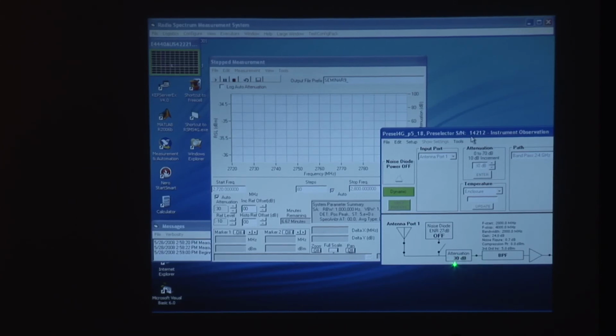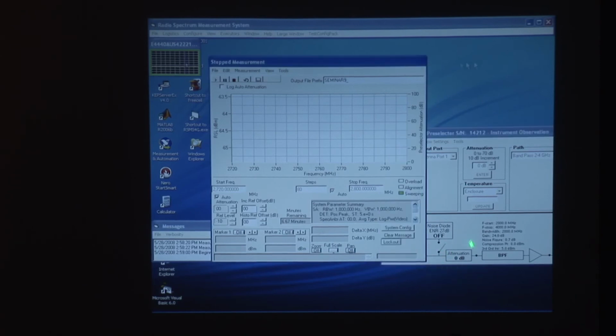Basically, the algorithm looks for a point where either the overload flag is set in the spectrum analyzer or we hit 0 dB of attenuation. At this frequency, 2720, it's going to hit 0 attenuation and not see the overload flag, and then it'll start the measurement with that level of attenuation invoked.